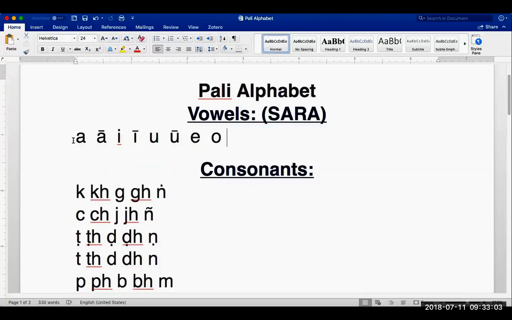Okay. So one more time, let's try: a, ā, i, ī, u, ū, e, o. Okay, that's our Pali vowels, or the number of vowels you need to know. They are 8 in number.